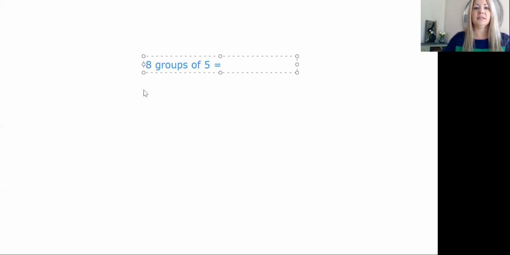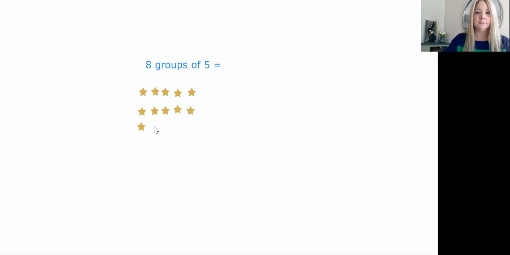I use stars this time. So this time we have 8 groups of 5. So that means we're going to need 8 rows of 5. So 1, 2, 3, 4, 5. There will only be 5 in each row this time because there are groups of 5. So our groups have 5 in them. So I will make some rows that have 5.